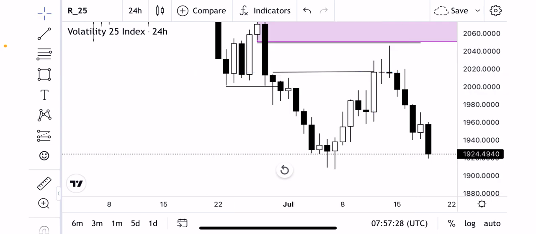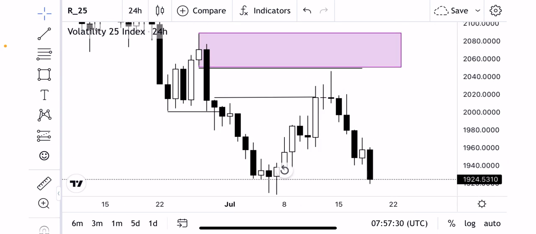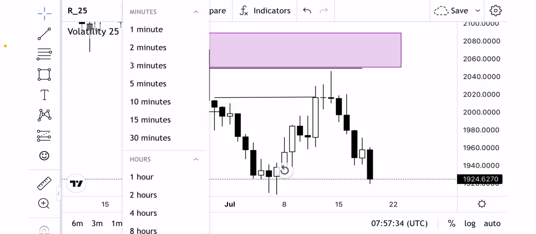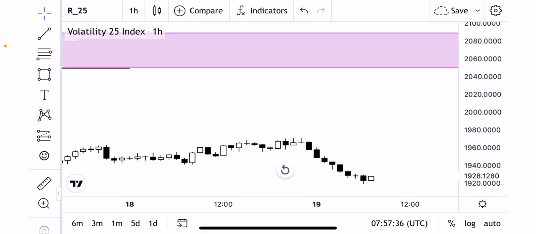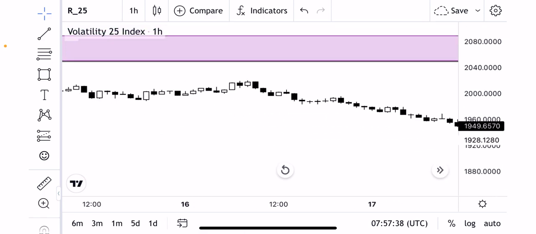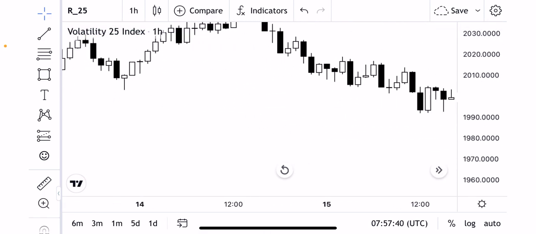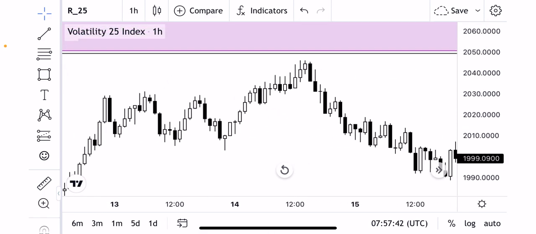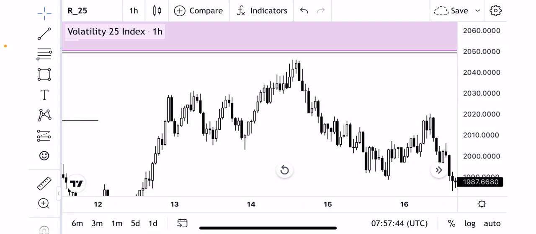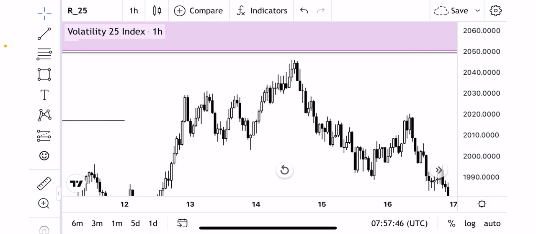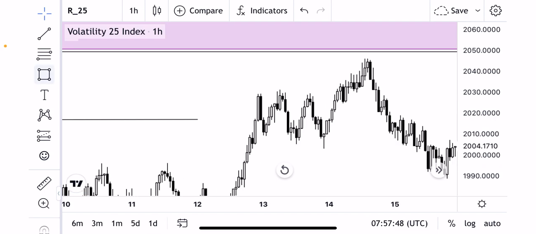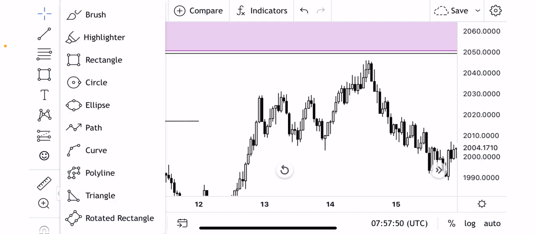Now when markets go to that particular fair value gap, entering into our PO high, let's see what the 1 hour did. So let's check our 1 hour time frame. So here we go, guys. Your entry confirmation.